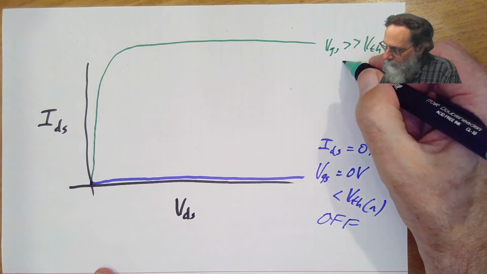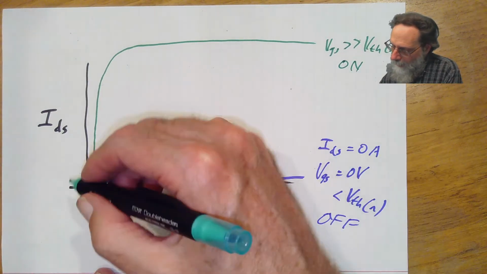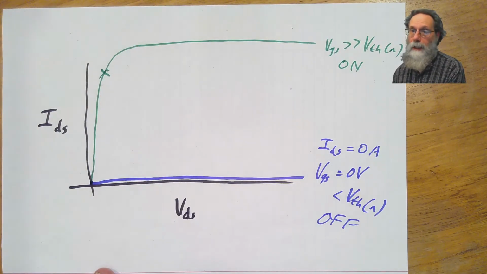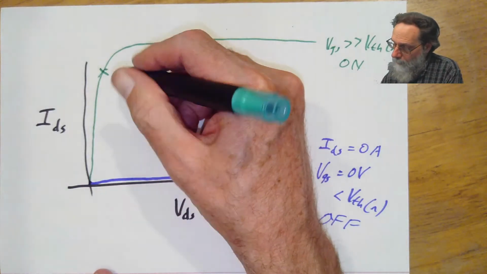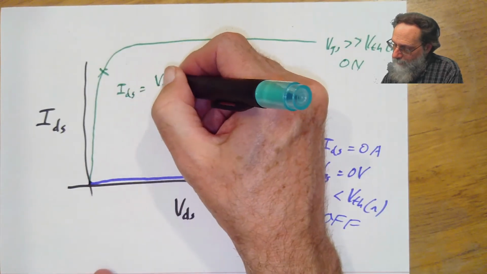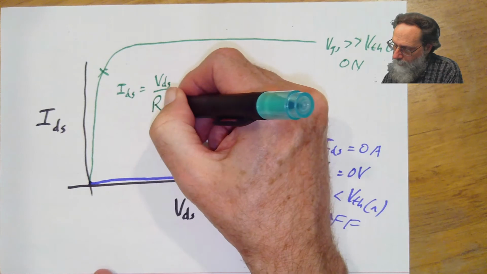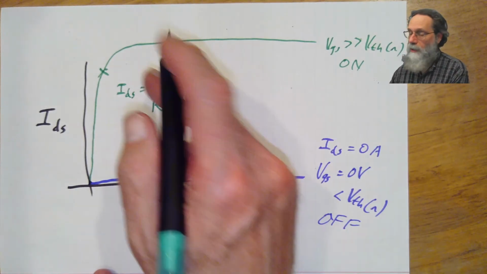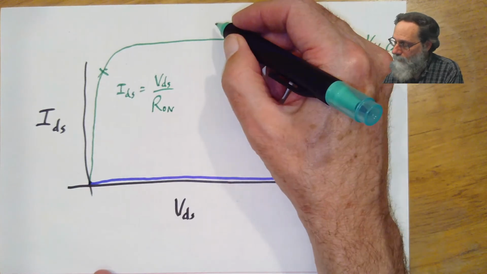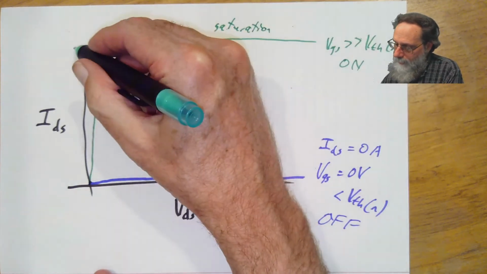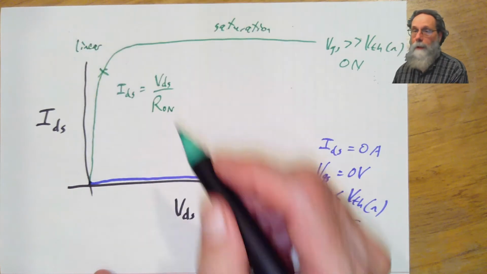The transistor is on, and we usually use it in this linear region here at the beginning. So IDS is VDS over some on resistance. And then there's a saturation region out here, and this is the linear region down here.